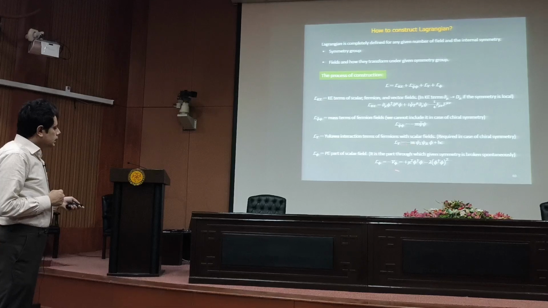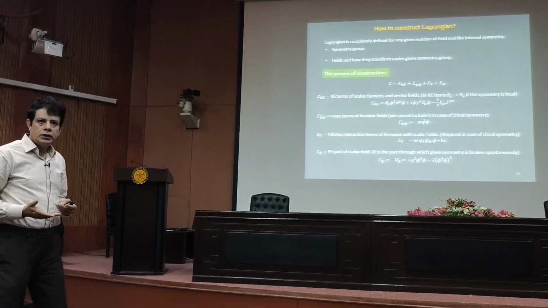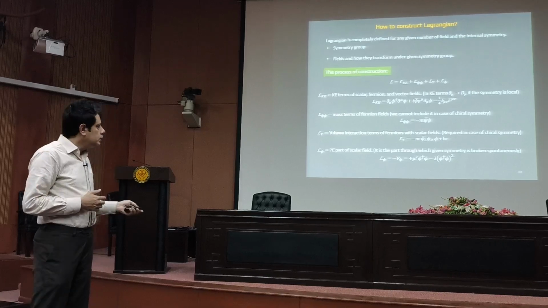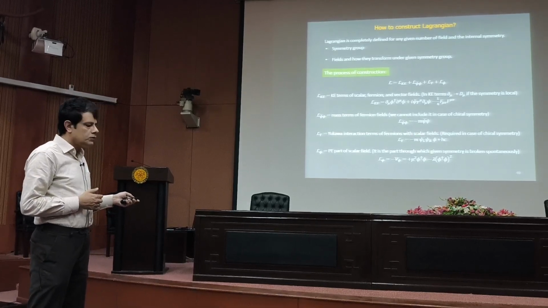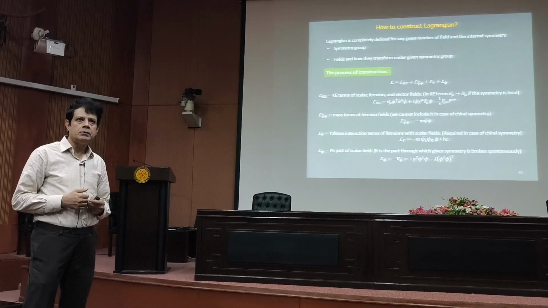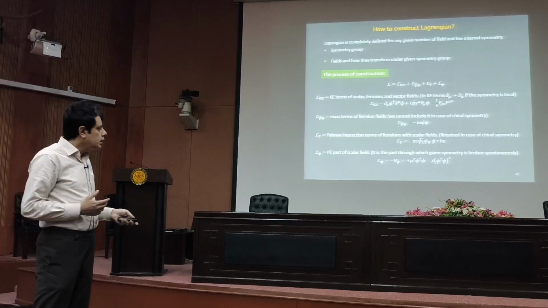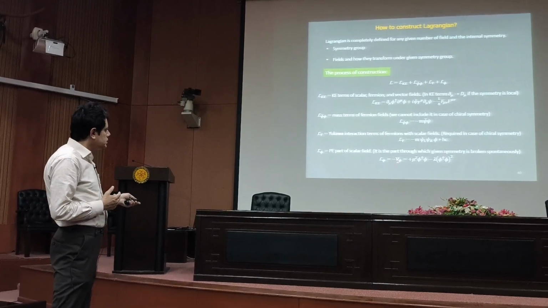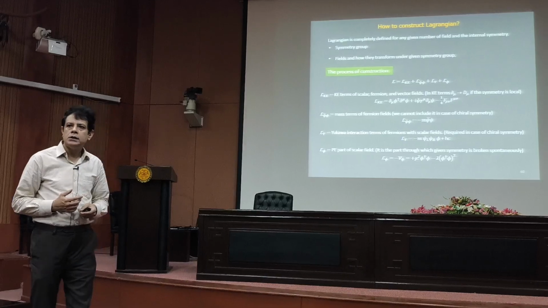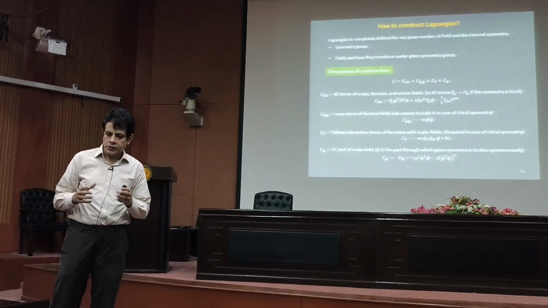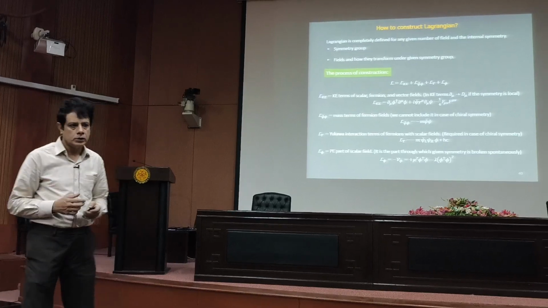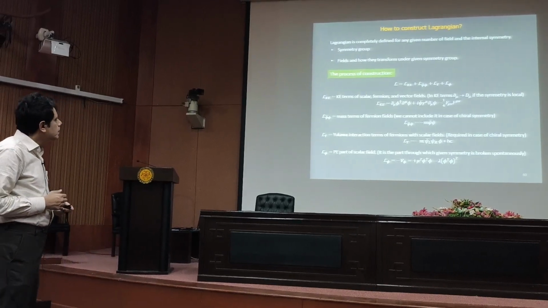And then if we are breaking the symmetry spontaneously, we have to break it to produce the masses of the fermion through Yukawa interaction term and to give masses to the gauge bosons. And you will break it through this last piece, which is symmetry breaking potential. So this is how you will construct it.